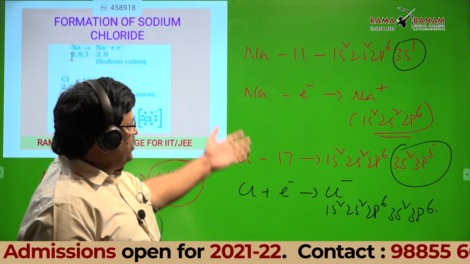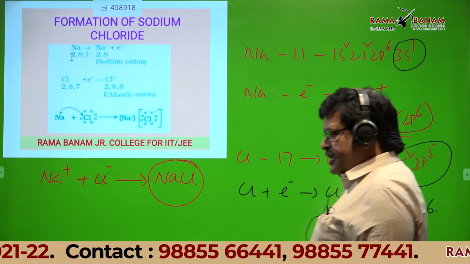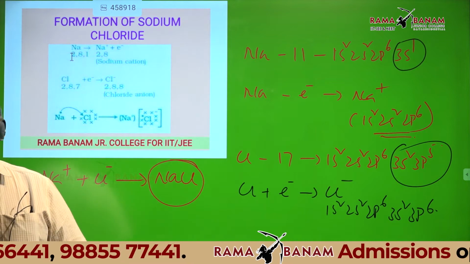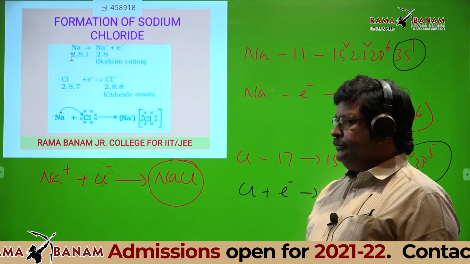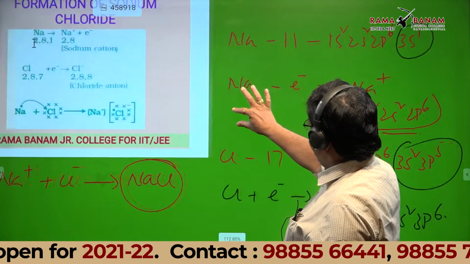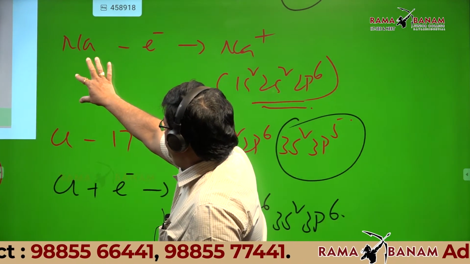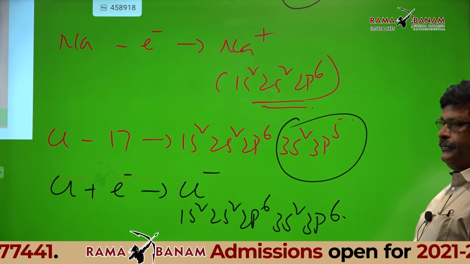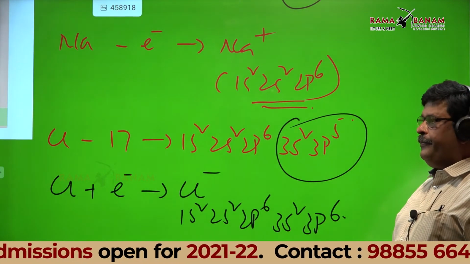First two minutes you just go through the board, what I explained and what I wrote on the board, students, please. First see this formation of Na plus and Cl minus only. The previous slide I showed. Is it okay?